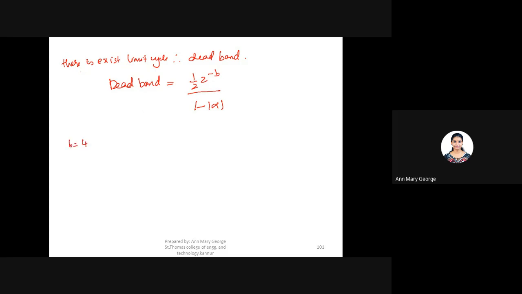First we can write the dead band as 1 by 2 into 2 raised to minus 4 divided by 1 minus 0.97, where the equation is y of n equal to 0.97 y of n minus 1 plus x of n. That gives 0.0416. So the dead band will be 1.0.